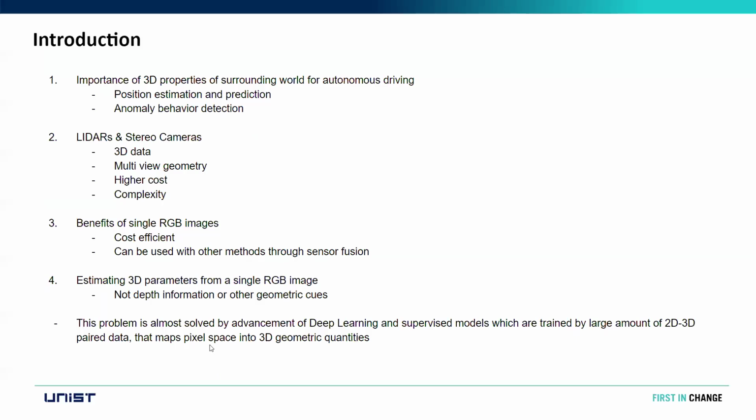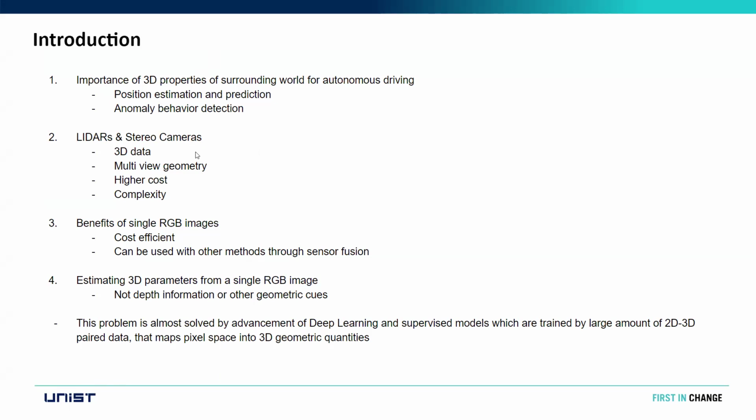Let's get started. The 3D properties of the surrounding world, especially cars, are important for autonomous travel, for position estimation and prediction, or for anomaly behavior detection and other things. Right now, most methods use LiDAR or stereo cameras to get better predictions for the 3D world.